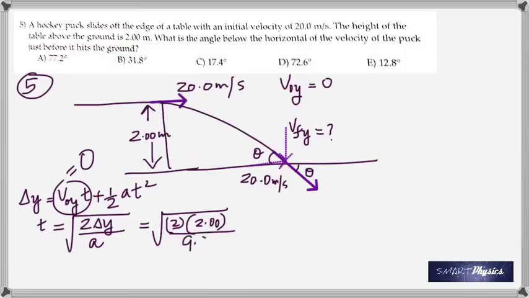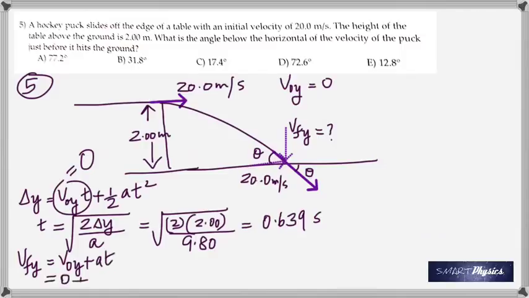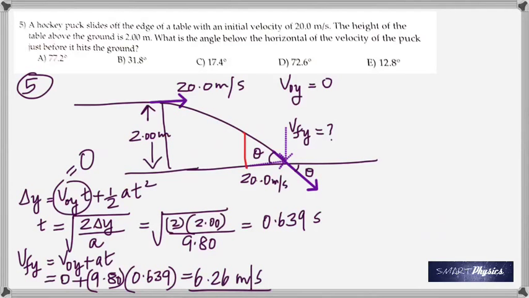Delta y is 2, a is 9.8, and you get 0.639 seconds. Now we can find VFY using VOY plus at: 9.8 times 0.639. That gives 6.26 meter per second.